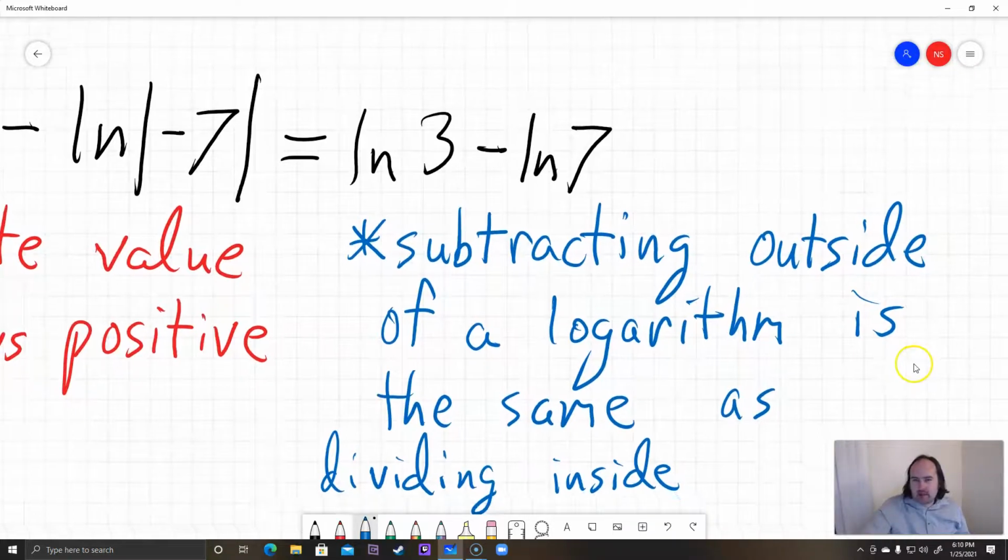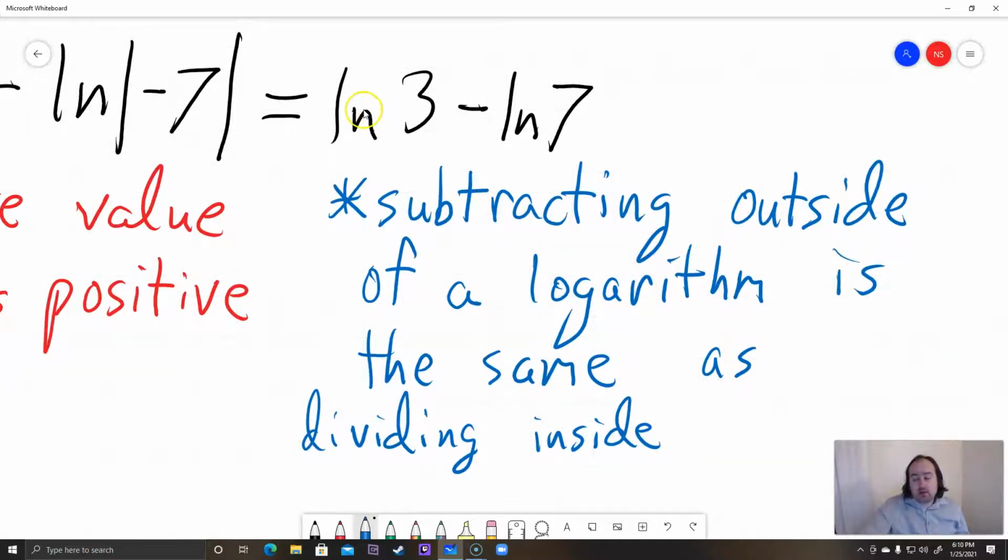And the order does matter. The order is left to right, top to bottom. So in other words, since we're subtracting outside the logarithm, that's the same as dividing inside the logarithm. And going from left to right and top to bottom, we're going to have ln of 3 over 7.